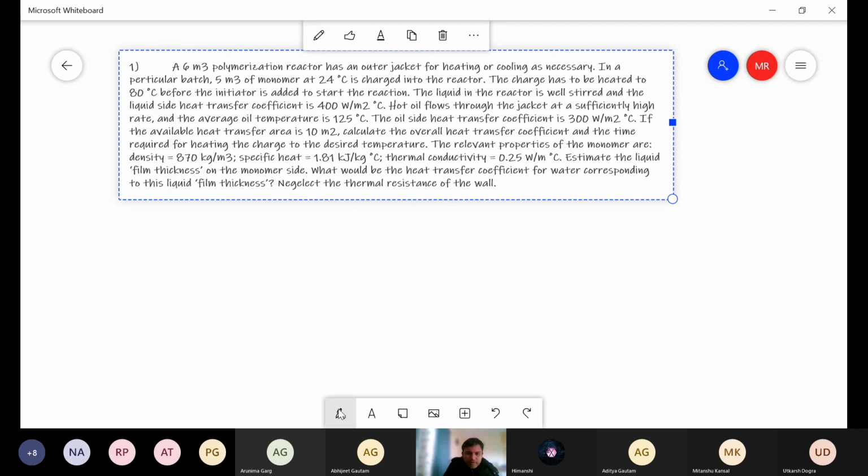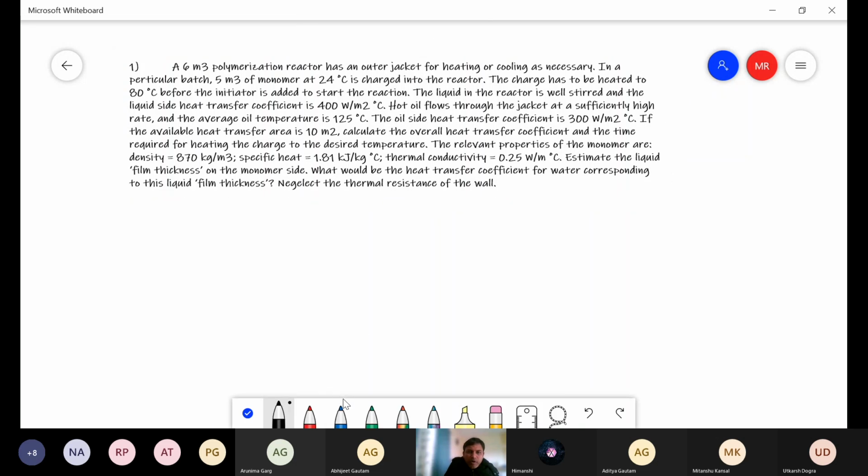Okay. So what is given in this problem is a 6-meter cube volume polymerization reactor. So maybe we can take this polymerization reactor something like this. Let's say a polymerization reactor is there.